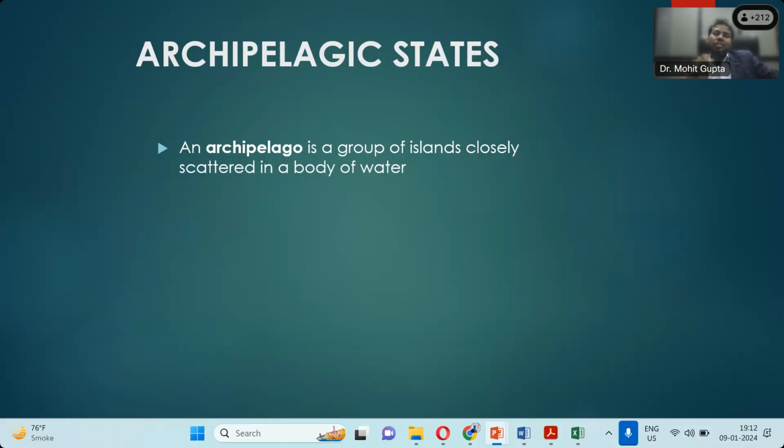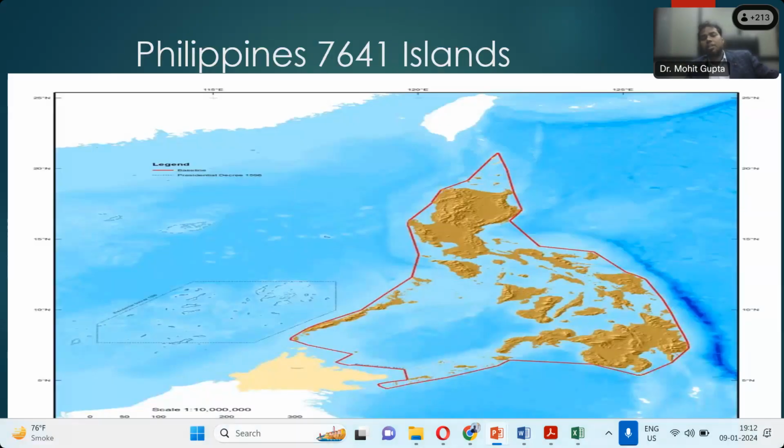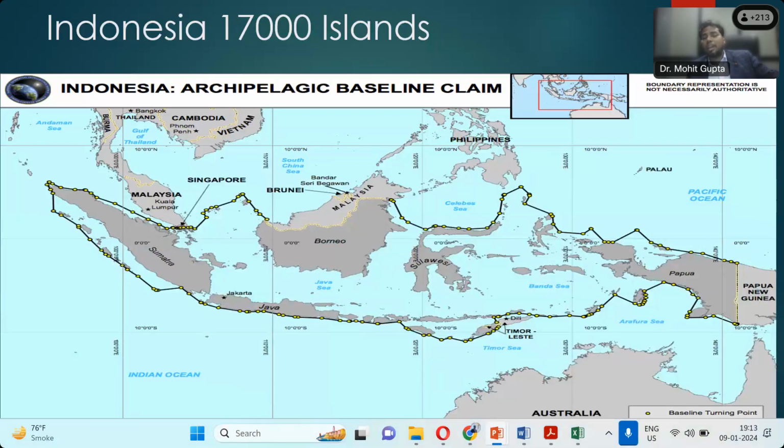The reason could be understood when we see the maps of those archipelagic states. For instance, the Philippines is composed of 7,641 islands. In the same way, Indonesia is composed of 17,000 islands. So that's why those archipelagic states needed a different treatment.